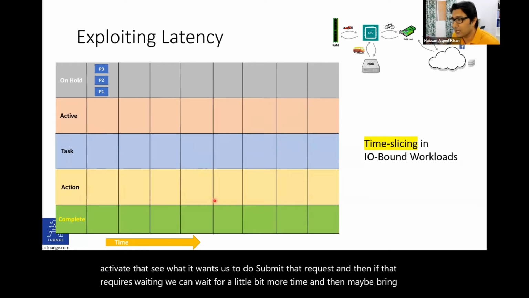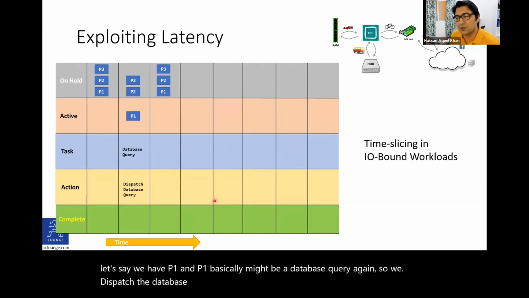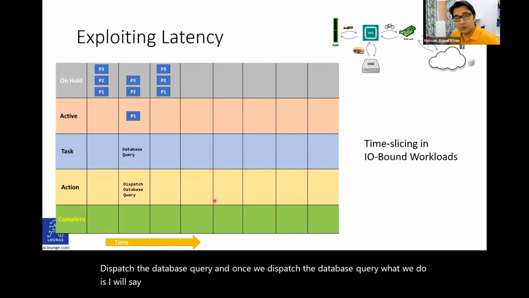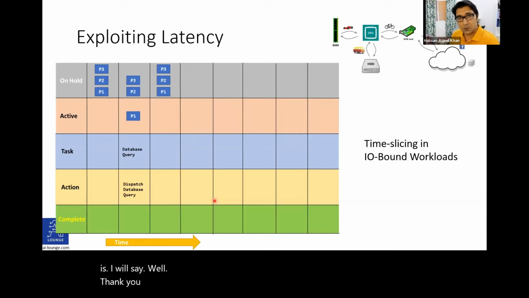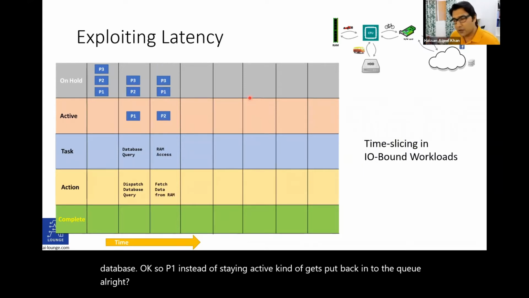So let's say P1 might be a database query again. We dispatch the database query, and then we say, thank you for coming, get back in line. We'll let you know when we hear back from the database. So P1, instead of staying active, gets put back into the queue. All right, and then let's look at the next one.